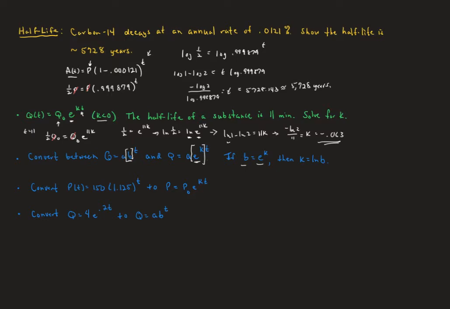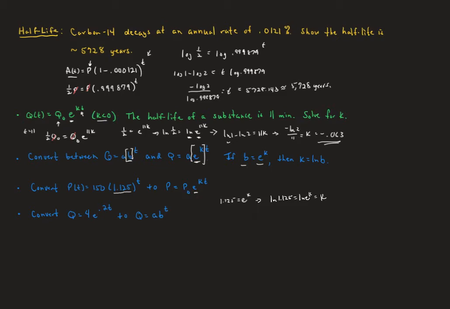So in our conversion, this is one we looked at earlier, if this is our exponential base b, and we want to convert that to a continuous growth rate, then we will take our b, that 1.125, and set that equal to e to the k, which means we're going to take the natural log of 1.125, and that's going to be the natural log of e to the k, which is going to be k.